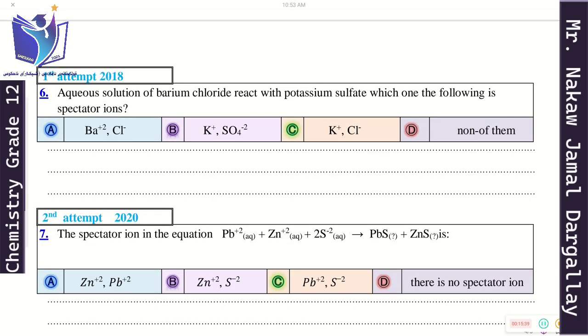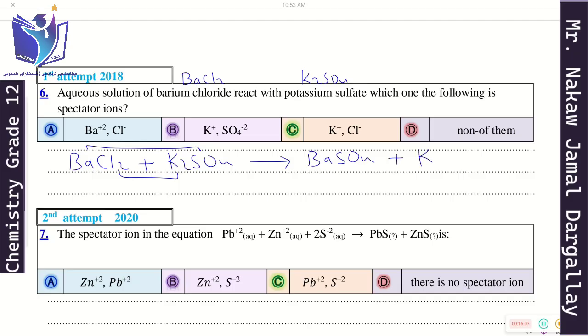Aqueous solution of barium chloride. Barium chloride means BaCl2. Potassium sulfate means K2SO4. Which one of the following is a spectator ion? BaCl2 with K2SO4: Ba with SO4 produces BaSO4, and K with Cl produces KCl.